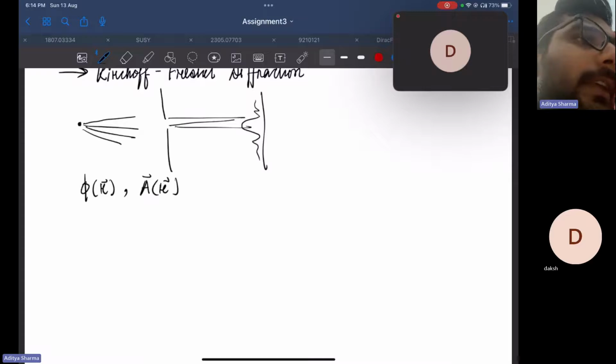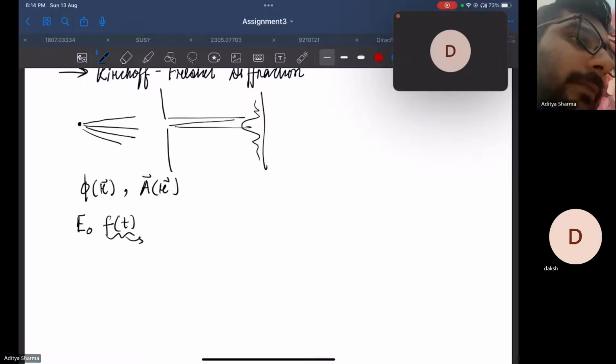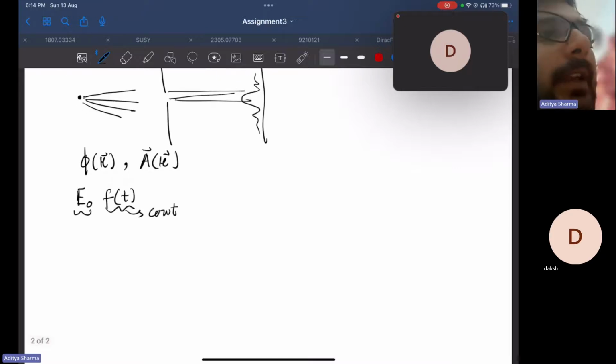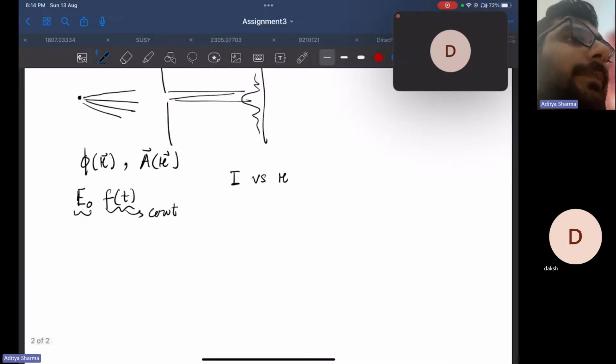From there you may get something like E naught times some function of time, generally cos omega t. This E naught you are going to use in intensity, and you are going to get an intensity versus position R graph.